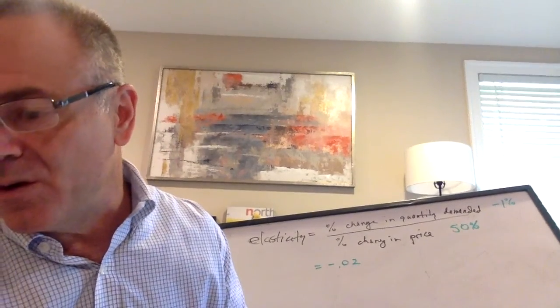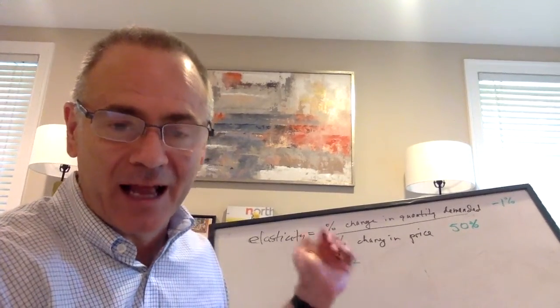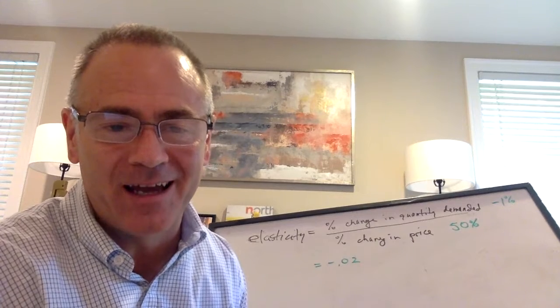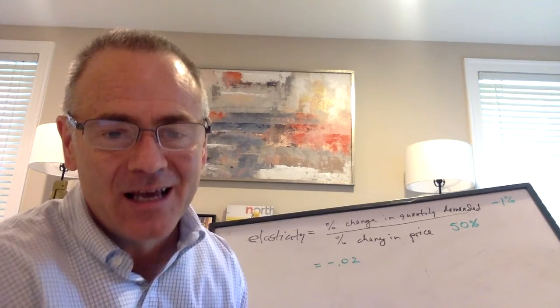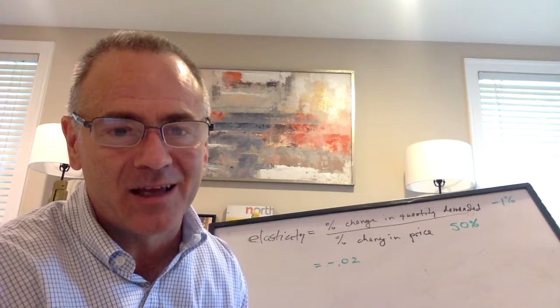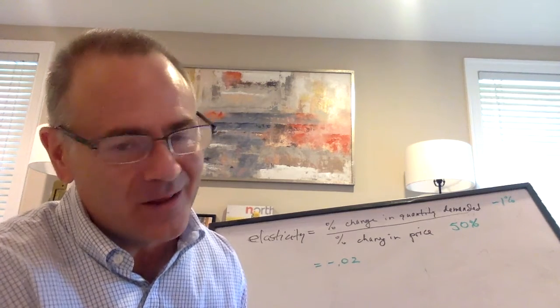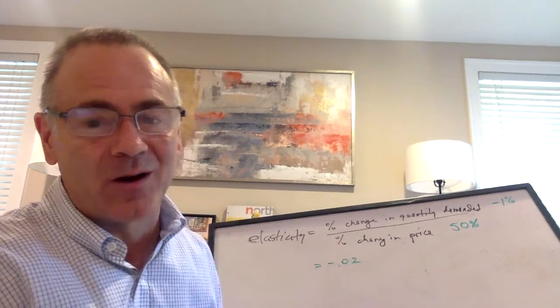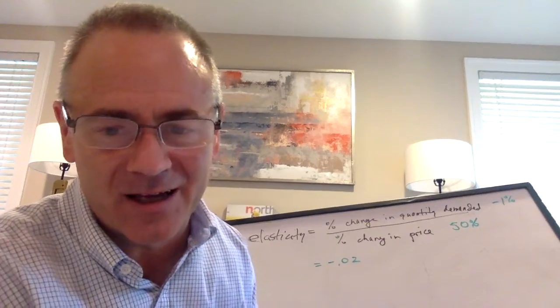By the way, we economists often forget the negative sign, and so we'll say something is inelastic if it is small. By that we mean it's close to zero. We're often talking about the absolute value of the elasticity.